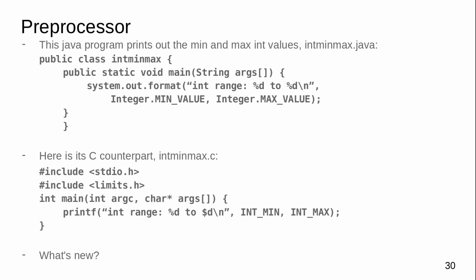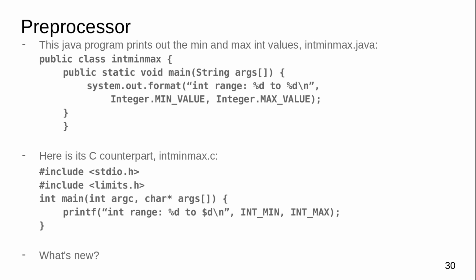We have our Integer class, we're accessing the object variable min_value and the other object variable max_value, and then we're printing it out. And we're actually using a similar function call as printf down here, with these %d's: the first integer corresponds to the first %d, and the second one corresponds to the second %d.